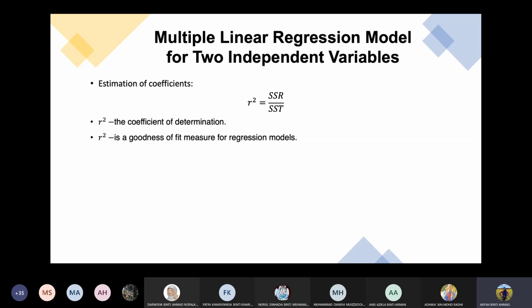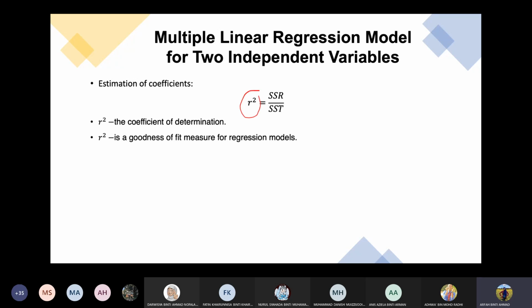Kalau kita nak kira correlation coefficient, kita kena kira satu-satu, X1 dan juga X2. Tapi in this example, sebab kita pakai dua variable, salah satu benda yang kita nak ukur adalah berapa bagus is the model to represent the relationship between X1 and X2. That is why kita akan ada coefficient of determination, R squared.